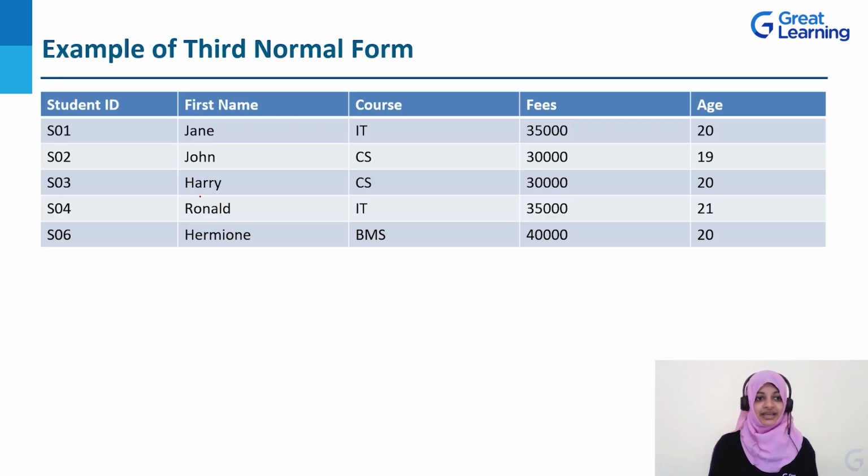The example is actually such that we've got a student table wherein the student's ID, the student's first name, the course that they're actually going through, the fees for that particular course, and their ages are stated. Within this particular table, we can see that everything here is atomic in nature. Apart from that, all of these values are fully functionally dependent upon the student ID.